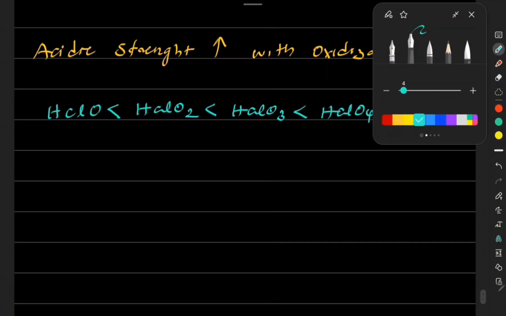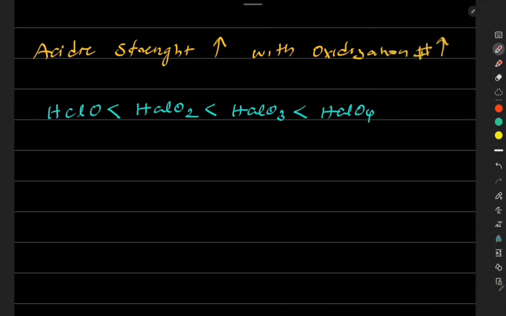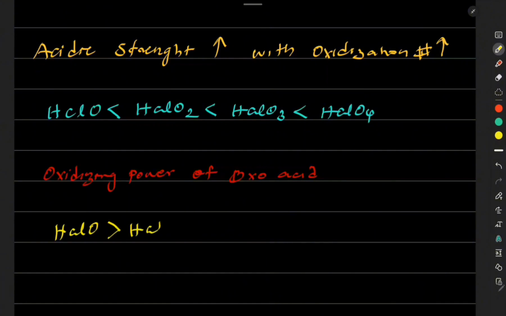And the oxidizing power of oxo acids decreases. HClO has greater oxidizing power than HClO2, HClO2 has greater oxidizing power than HClO3, and HClO3 has greater oxidizing power than HClO4.